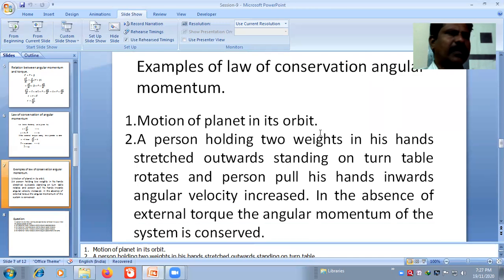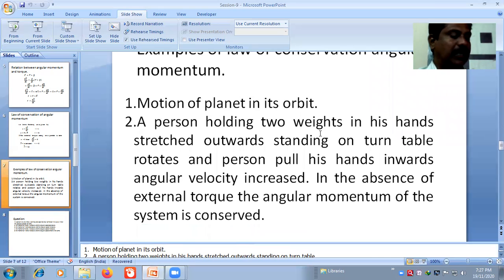Next, another important example for the law of conservation of angular momentum is the motion of the Earth around the Sun under gravitational force. Gravitational force is a central force.